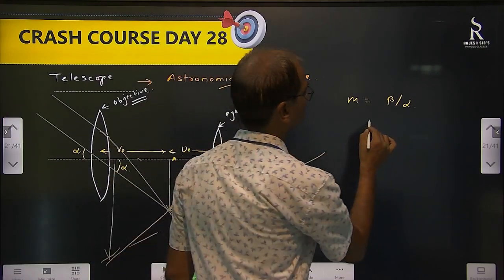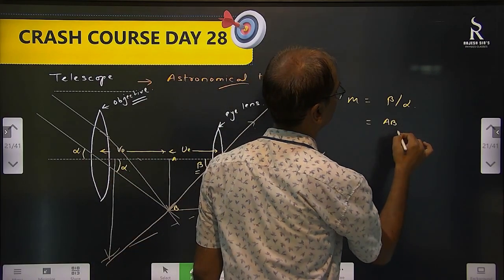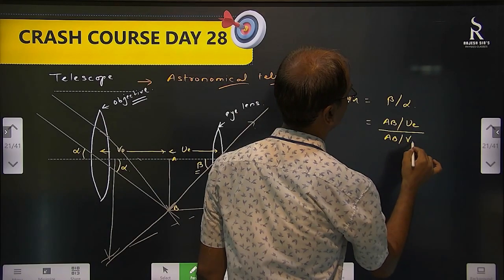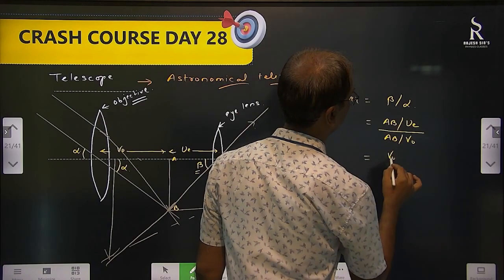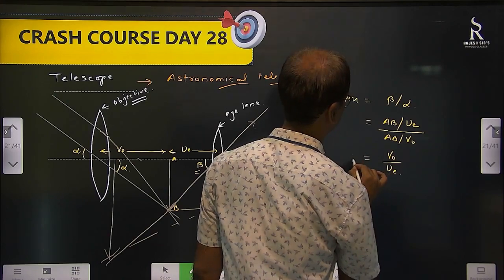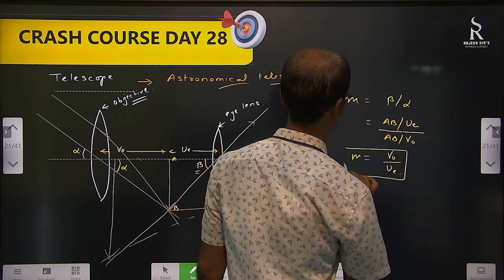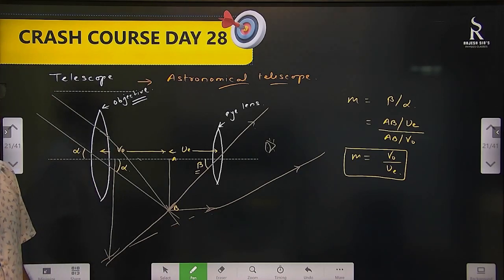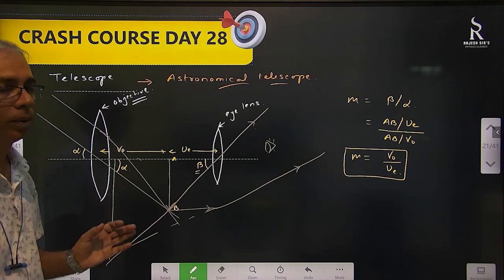So the magnification actually is VO by UE.